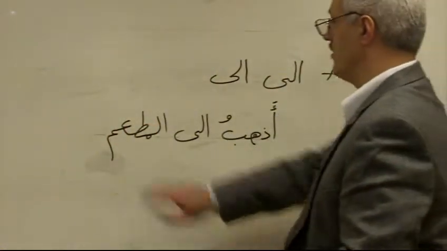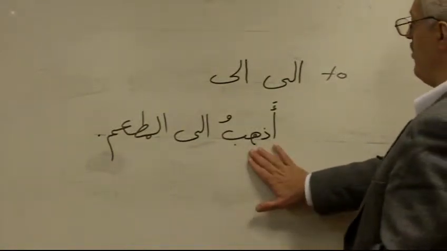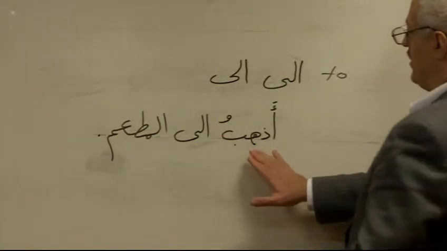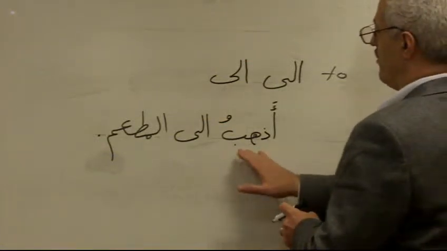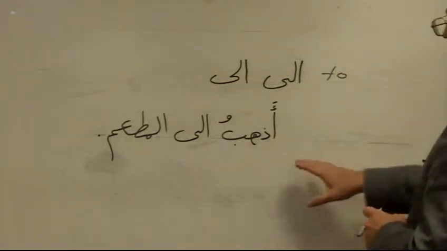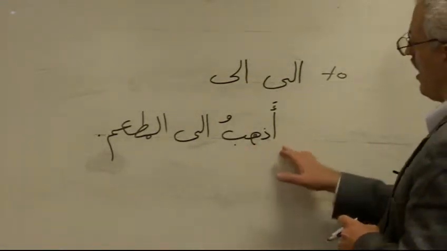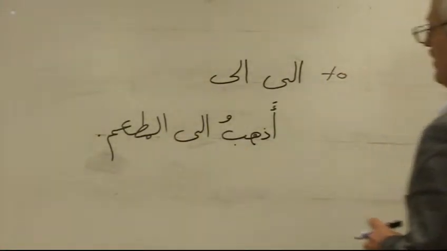I go to the restaurant. أذهب إلى المطعم. So this is your verb right here, أذهب. And remember what we said about the sentence structure in Arabic. The verb comes first. And the alif tells you that you're talking about yourself. So here you go. أذهب, I go. إلى المطعم, to the restaurant.